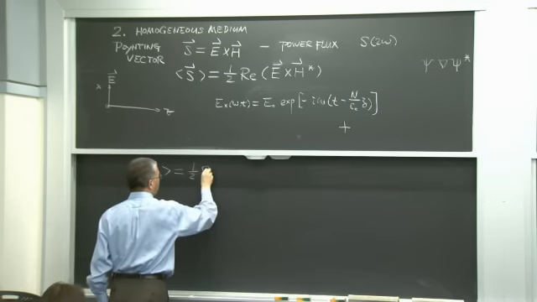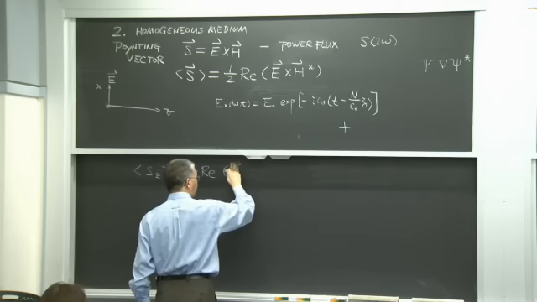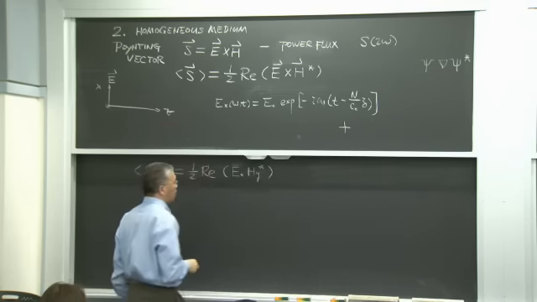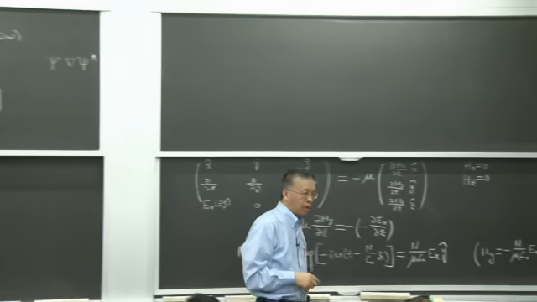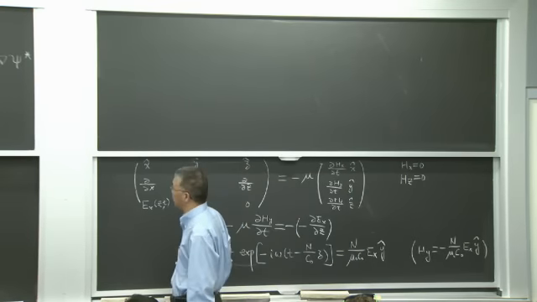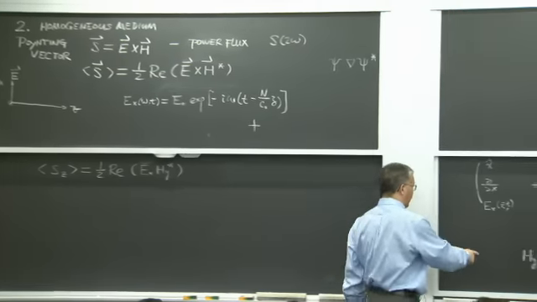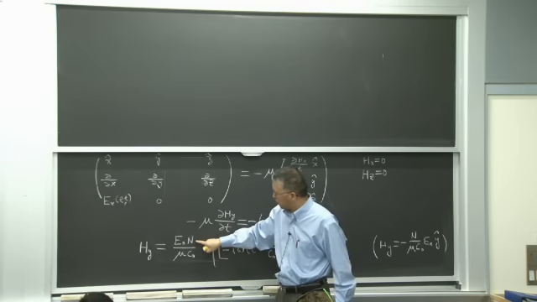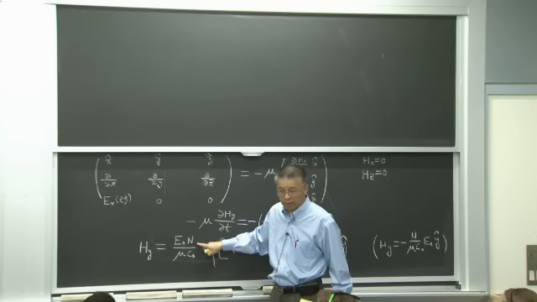It is 1/2 the real part of Ex Hy complex conjugate. This is what you get if you write all three components, and you only have the z direction component. So now I can plug in Ex and Hy, right? And you have to be careful. This n, the refractive index or optical constant, has both real and imaginary part.